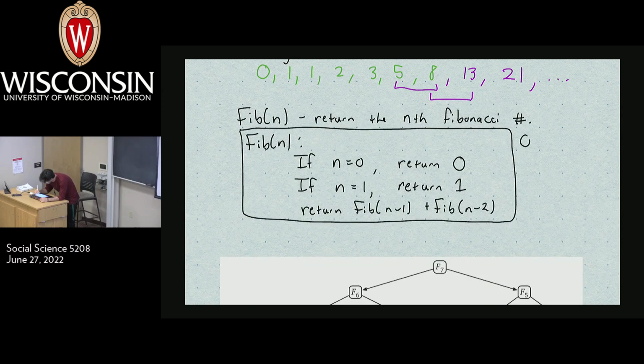We only have if statements and pluses, so it should be easy. So what's going wrong?